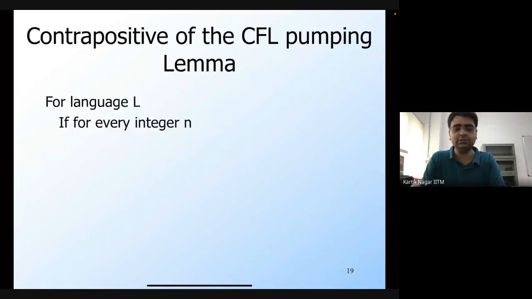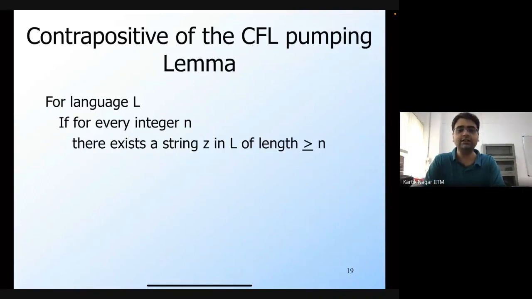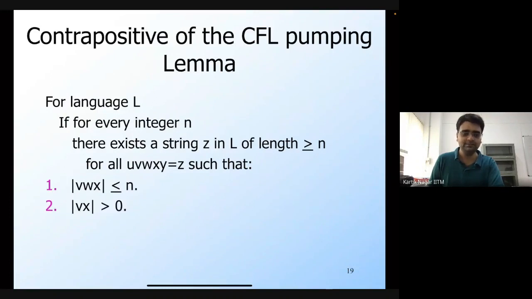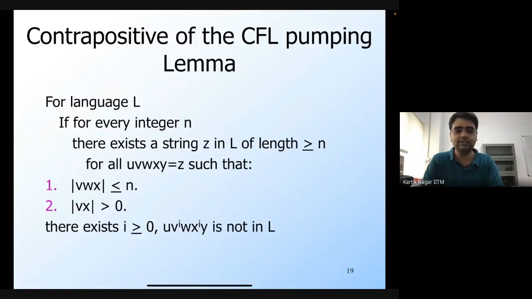So we say that if you take some language L, and for every integer n, there exists a string z in L whose length is greater than or equal to n, such that for any way in which you can break down the string z, for all u, v, w, x, and y such that uvwxy equals z, which follow the constraint that the length of vwx is less than or equal to n, and the length of vx is greater than 0, there exists some i greater than or equal to 0 such that u v to the power i w x to the power i y is not in L, then the language L is not a CFL.